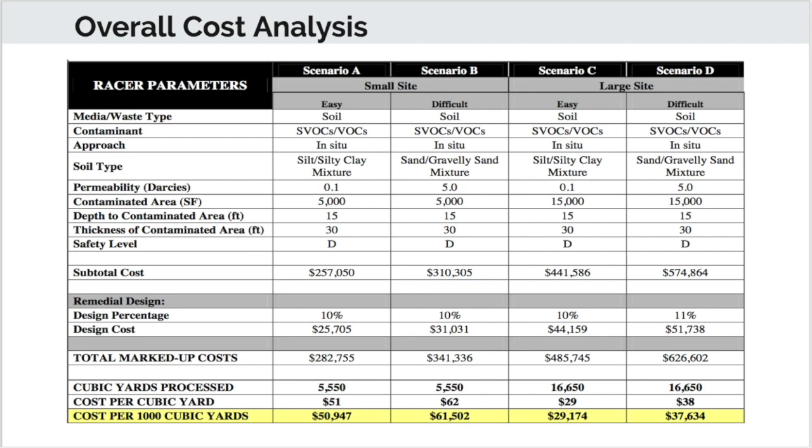They left the media type, contaminant, and approach the same, and just changed the soil type and permeability in Darcys. So it gives you an idea of how the permeability really affects the price point, and the different types of soil have different permeabilities than others. So that's an analysis on the different size and soil type.